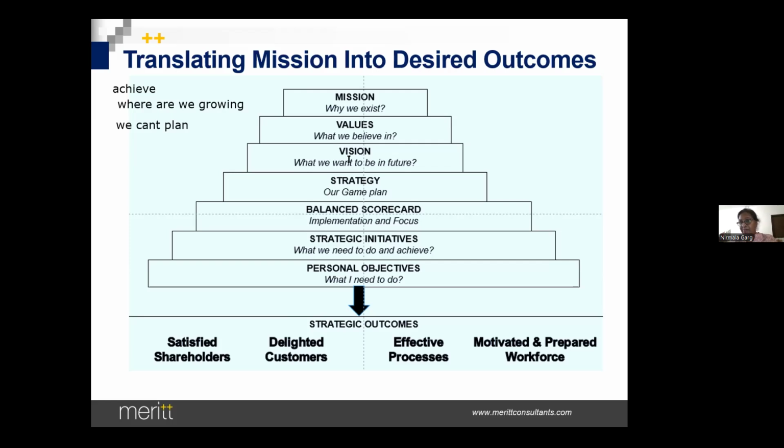We have to live it. When I say teamwork, quality, Hariom said quality. If one of my values is quality, what will I be doing? It means we are producing a quality product.